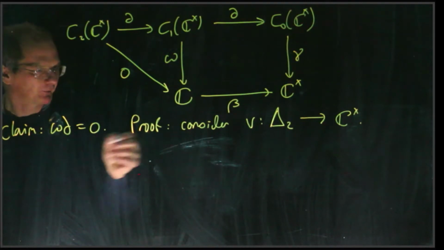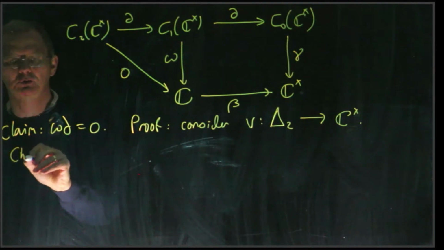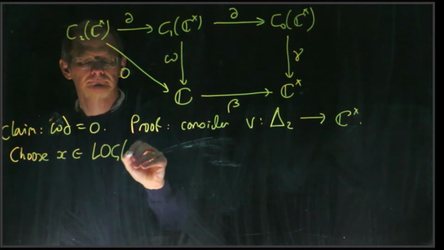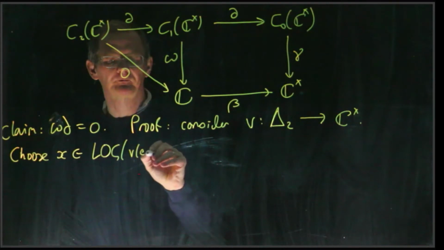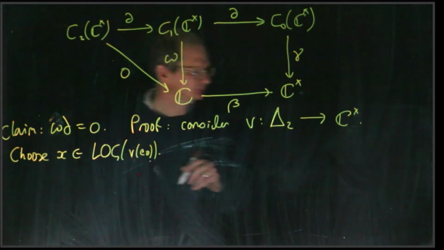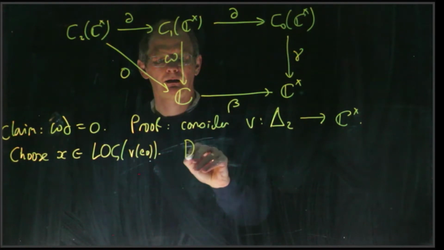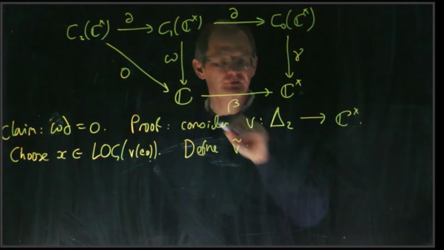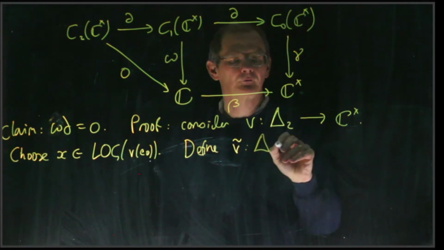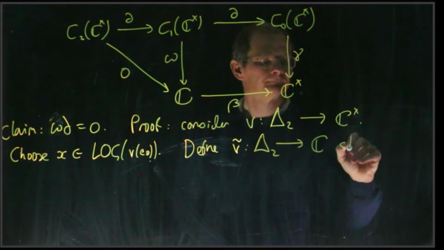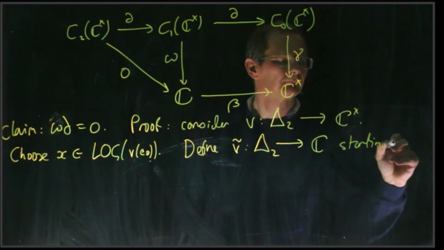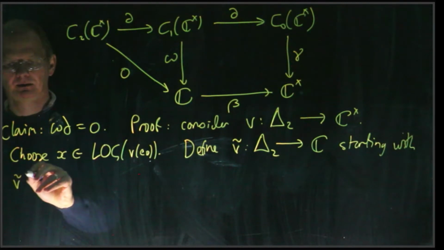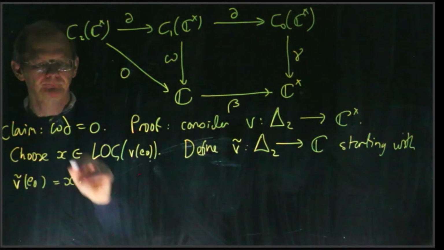So suppose we're given something like that, then let's choose x, which is going to be a logarithm of the value at e0, say. So now we're going to try and define v tilde from delta 2 to C, starting with v tilde of e0 being this x.